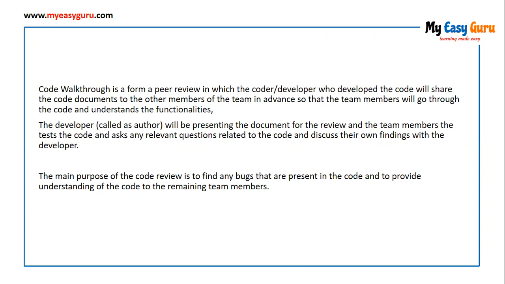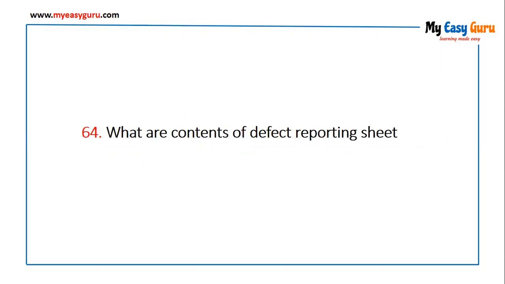The developer, who is called the author, will be presenting the document for the review, and the team members test the code, ask any relevant questions related to the code, and discuss their own findings with the developer. The main purpose of code reviews is to find any bugs that are present in the code and to provide understanding of the code to the remaining team members. Let's see what's the next question.